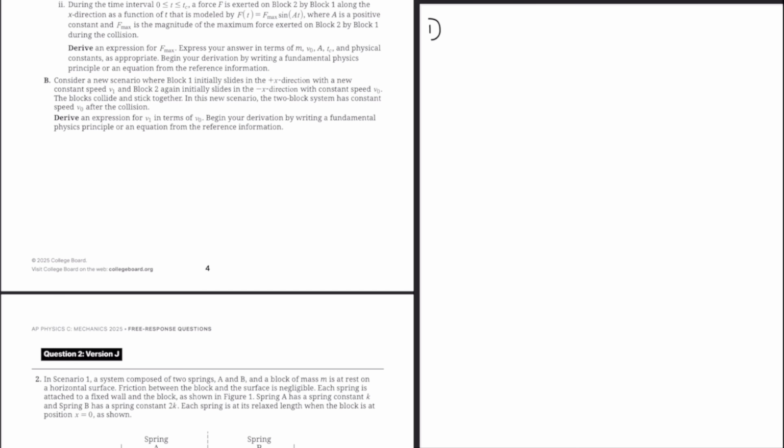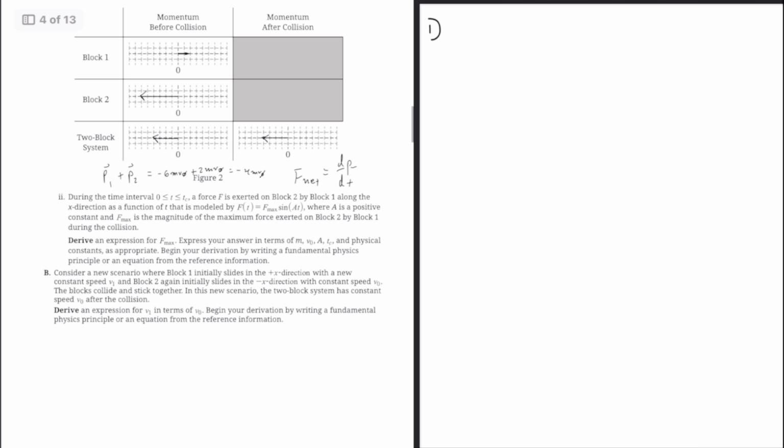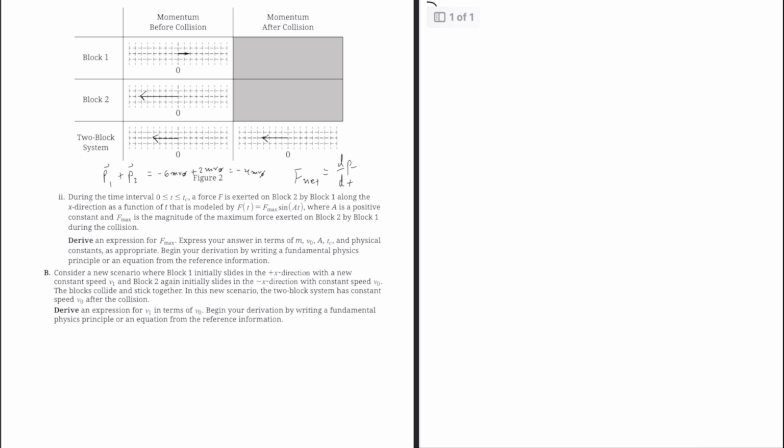Okay, so now we're going to basically just do this by using conservation of momentum. So they're still sticking after the end. So what we're going to say is P final is equal to P initial of the system. So what was the initial velocity?